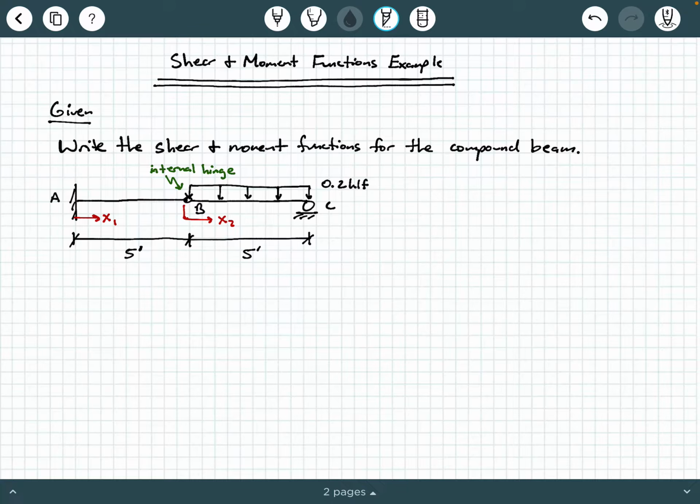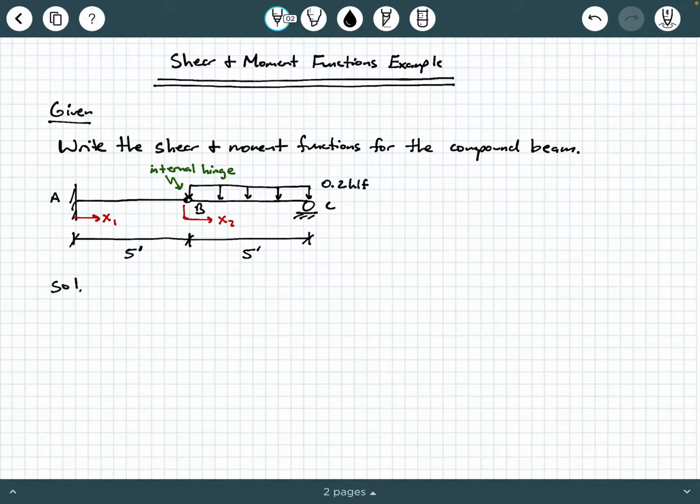And that's what we're going to illustrate in this example, defining a new x variable every time there's an abrupt change in our system. And so the abrupt change here that we need to pay attention to is the fact that we have an internal hinge at B, and additionally we have that 0.2 KLF that initiates at point B and then spreads across to point C. Okay, so let's go ahead and get started.